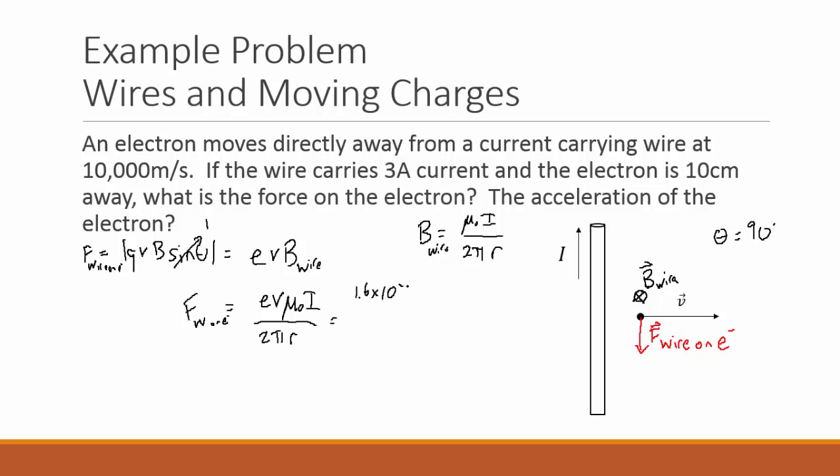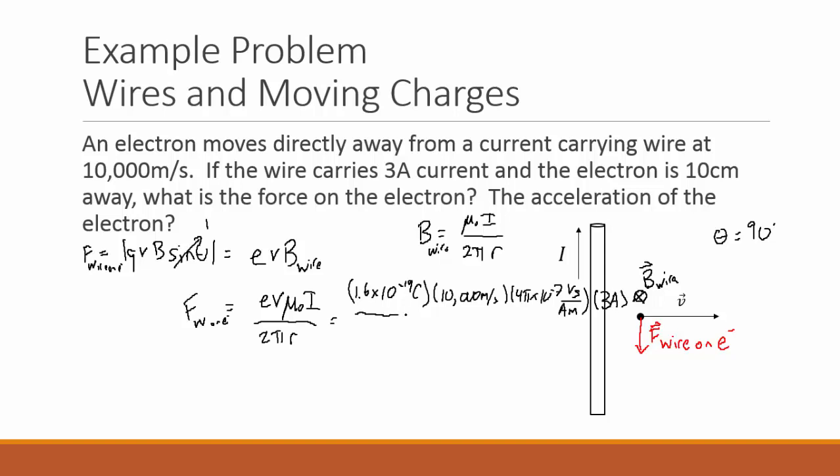times 10 to the negative 19th coulombs times 10,000 meters per second times 4 pi times 10 to the negative 7th volt seconds per amp meter. Continue in the numerator with 3 amps as my current.